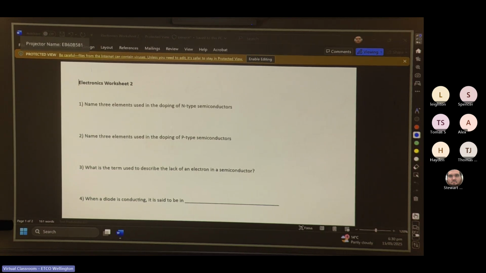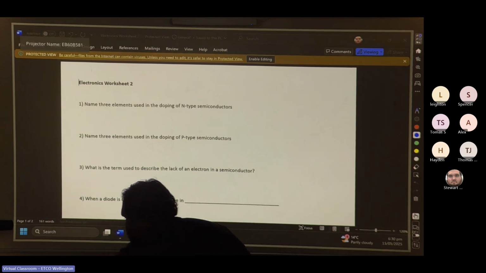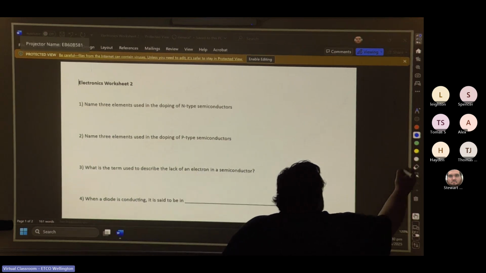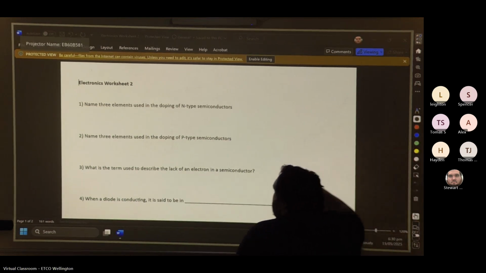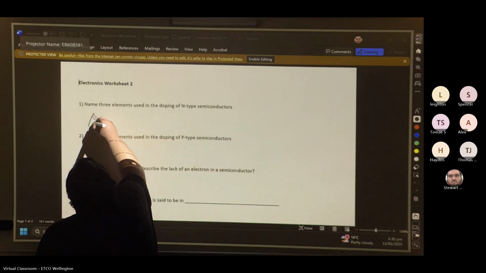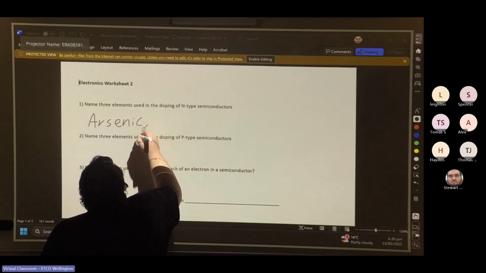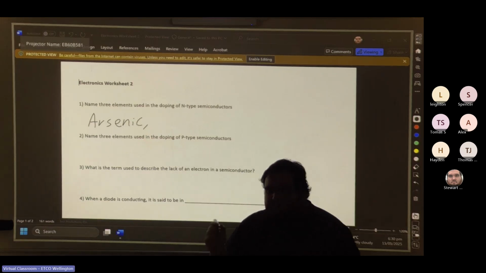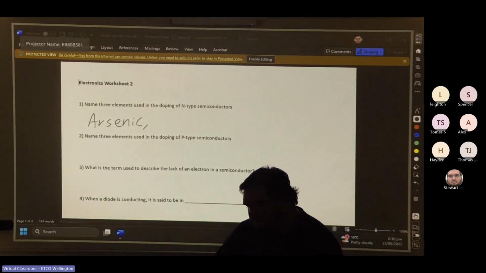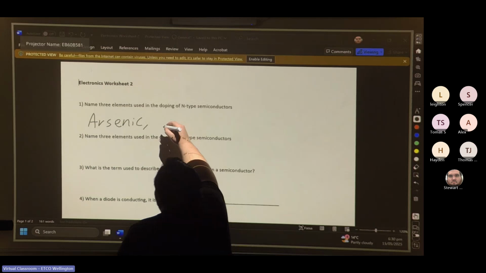We're looking for the doping agents. So the first example I'll give you guys, arsenic. Arsenic's one of them. Yep. Phosphorus, that's a good one.